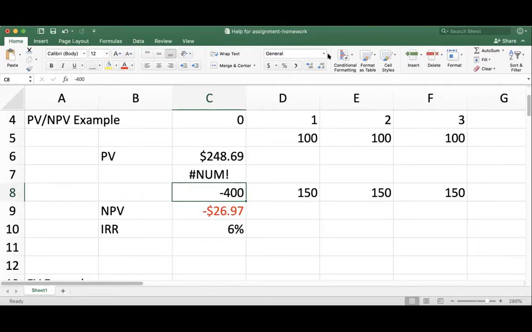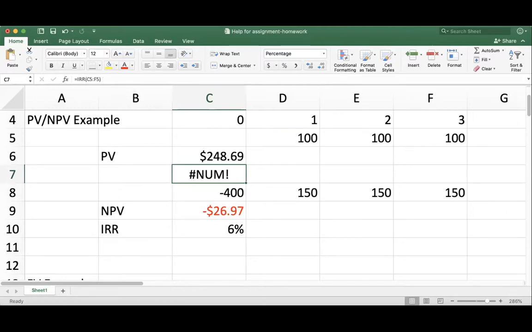The future value of all those benefits will then get discounted, and they'll equal the present value of the current investment. But if you don't have a negative, it's not going to be able to calculate IRR. So when you get one of these NUMs, you've got a problem. Something's not working, and it's because we don't have anything in this cell and it's looking for a negative number so that it can try to equate the two.